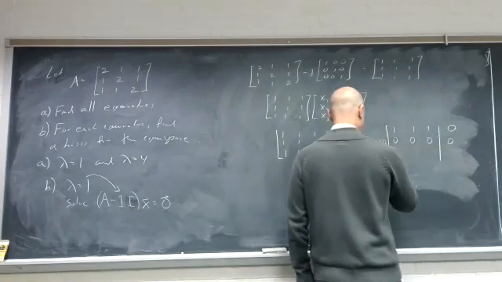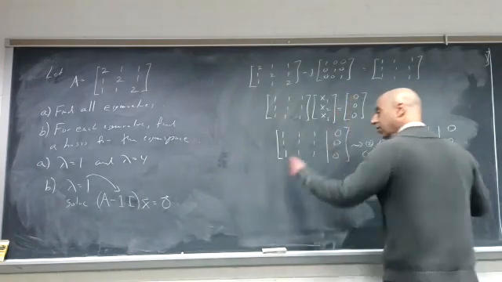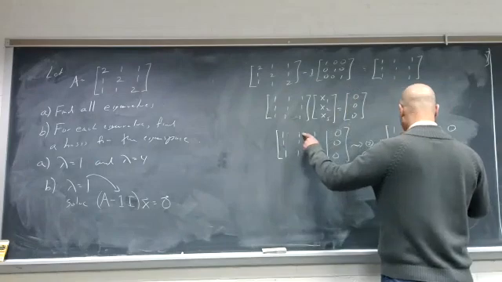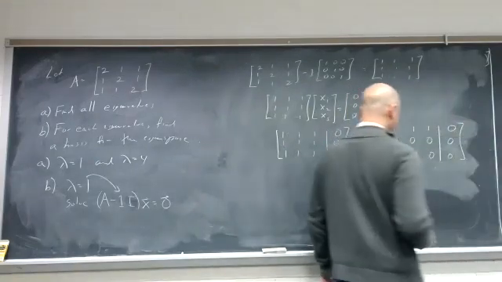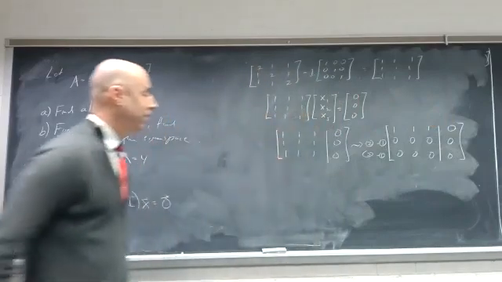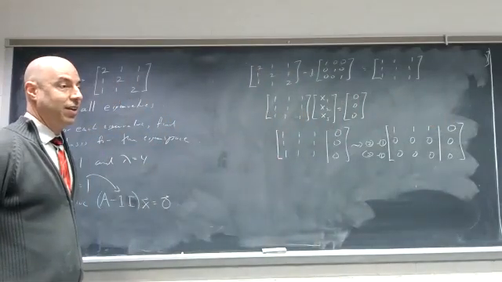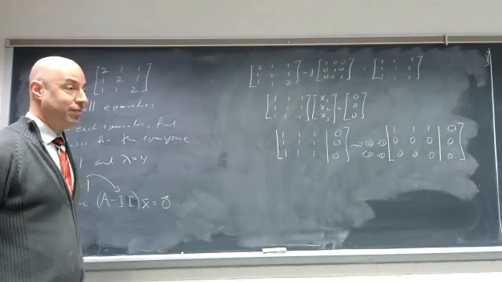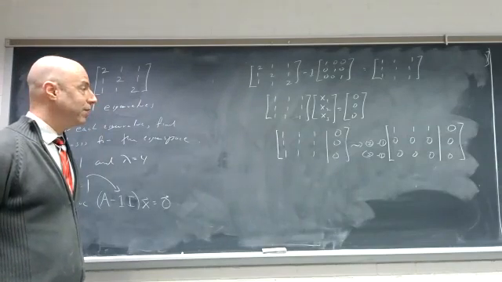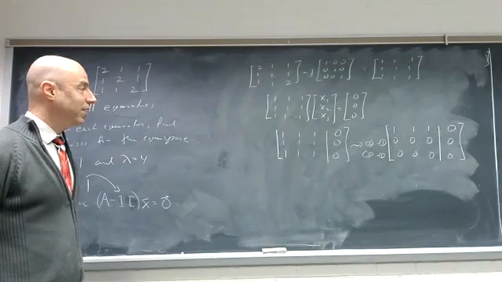And row 3 minus row 1. 1 minus 1 is 0, 1 minus 1 is 0, 1 minus 1 is 0, 0 minus 0 is 0. And that is in reduced echelon form. That didn't take very long.